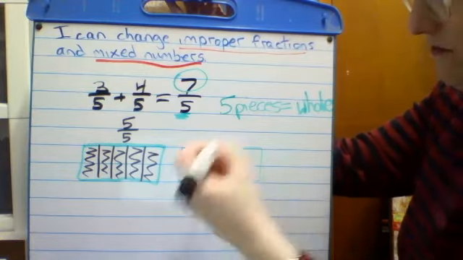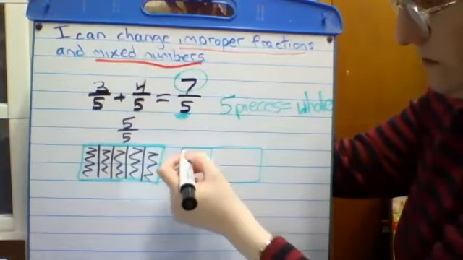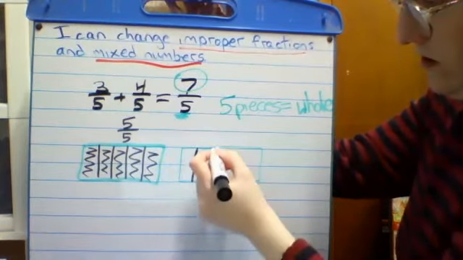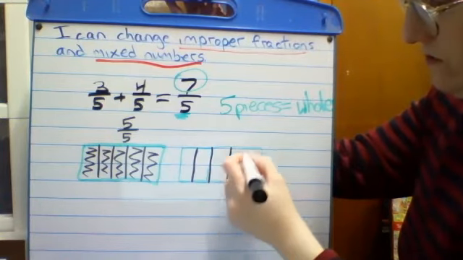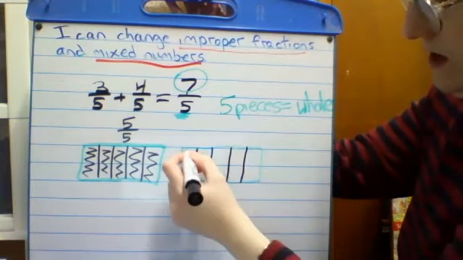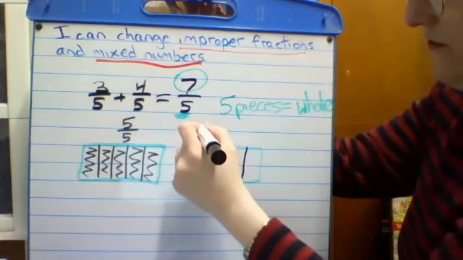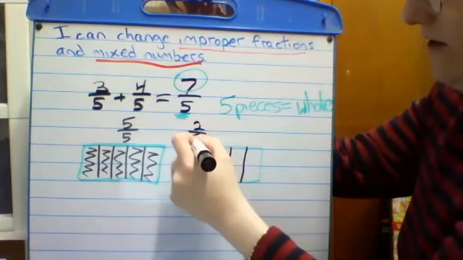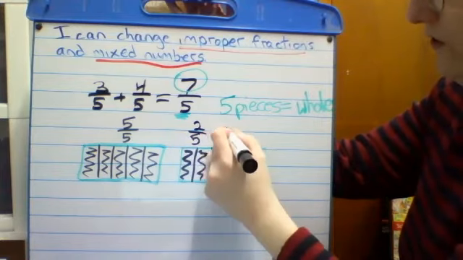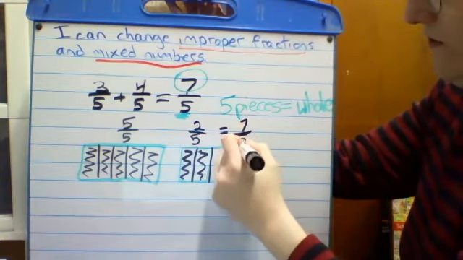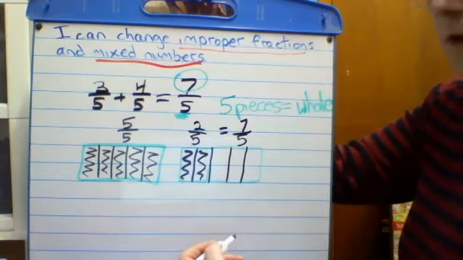So if I have 1, 2, 3, 4, and I have 1, 2 more fifths. I have 5/5 and I have 2/5, which altogether equal 7/5. I have more than a whole.